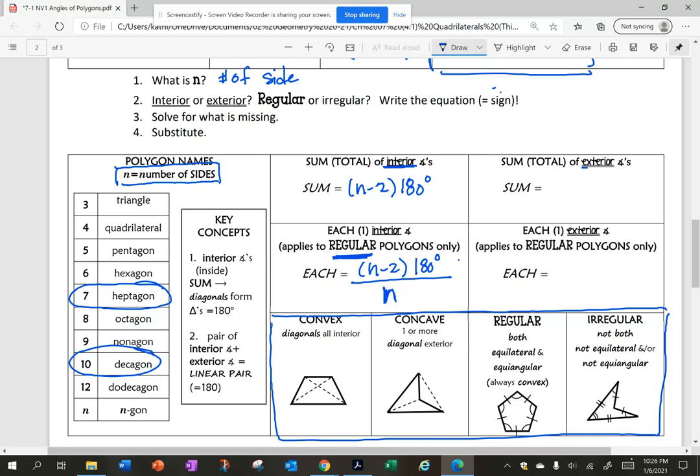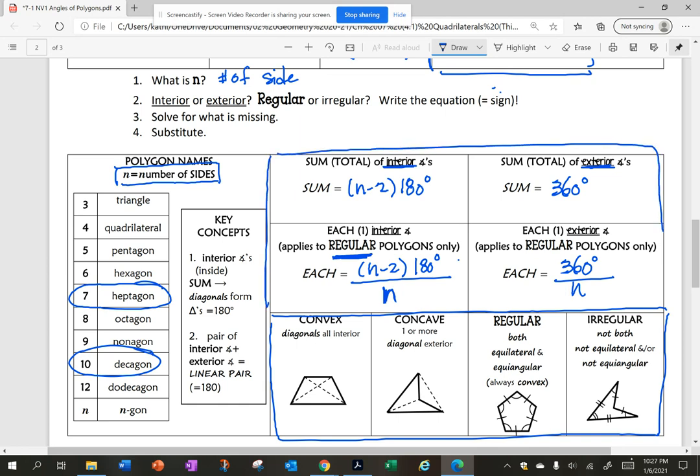We said for exterior angles on the outside, the sum is always 360 degrees. So each one is going to be 360 degrees divided by n. So these are the 4 formulas I'm using. So I need to know, am I looking for an interior angle or an exterior angle? Is it regular or irregular? And what am I solving for?